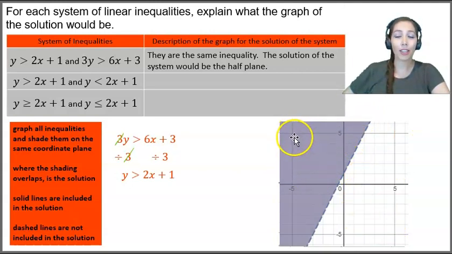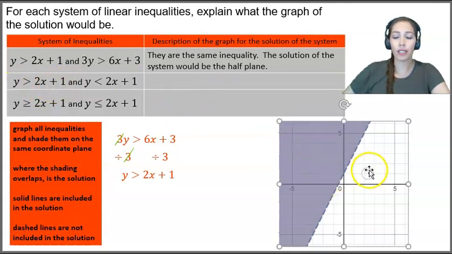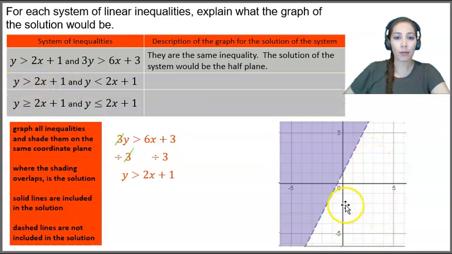Now let's go ahead and look at the second one. We have y greater than 2x plus 1, so let's look at that. So 2x plus 1, we have our y-intercept of 1, slope of 2, so we go up 2 to the right 1. It was a greater than symbol, so it is a dashed line, and since y is greater than that, we do shade above it or going up the y-axis. Now we have the other one here that says y less than 2x plus 1.